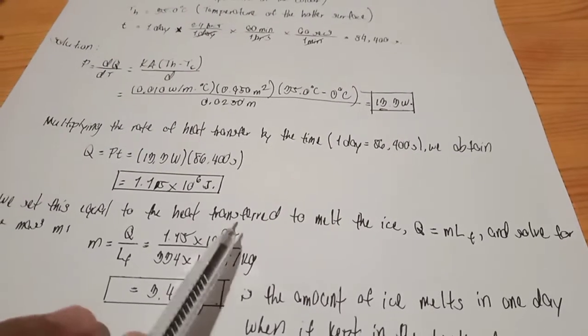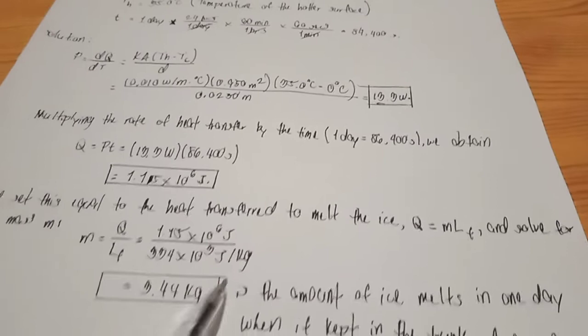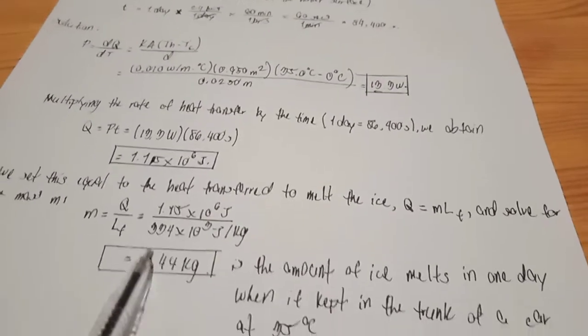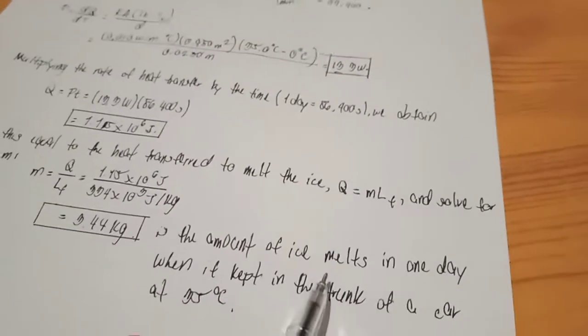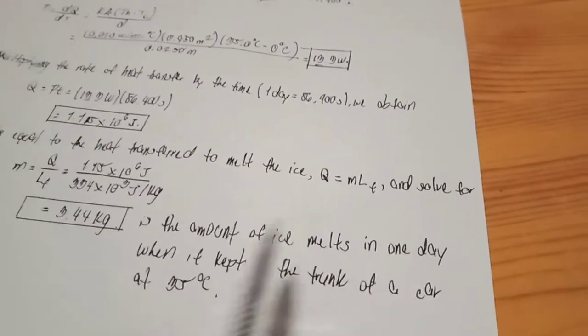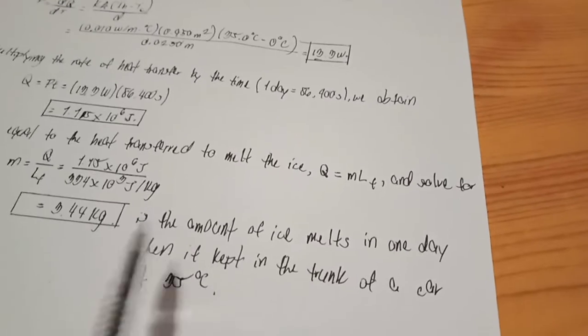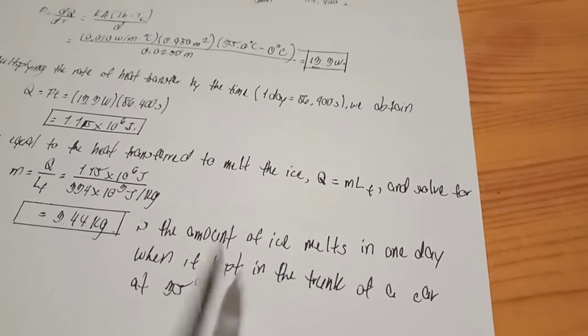So we cross out the joules, and what remains is 3.44 kilograms. So this is the amount of ice that melts in one day when kept in the trunk of a car at 35 degrees Celsius.